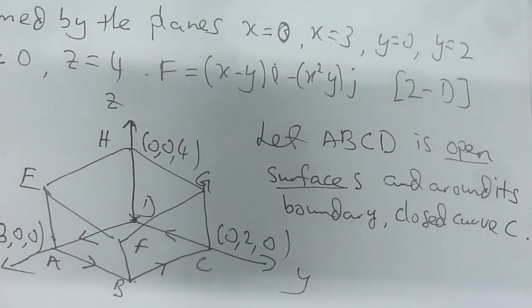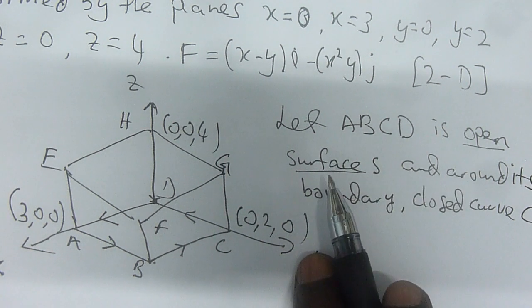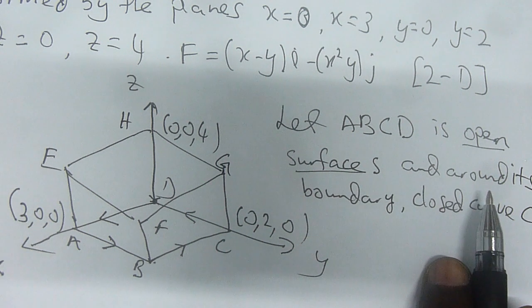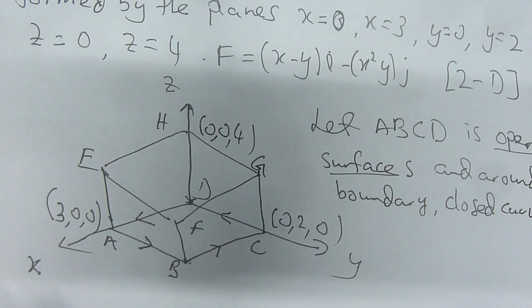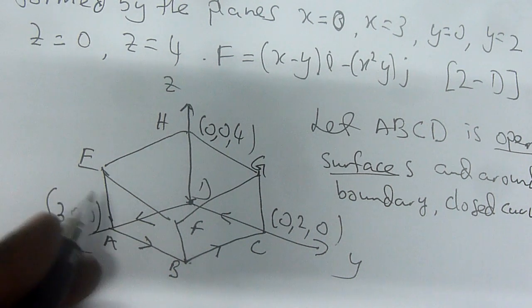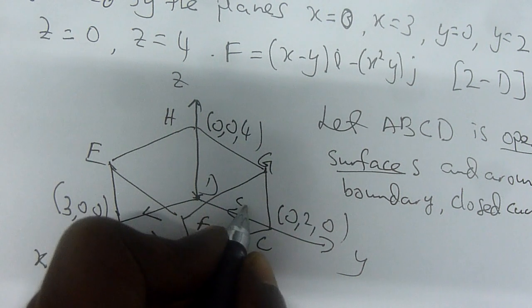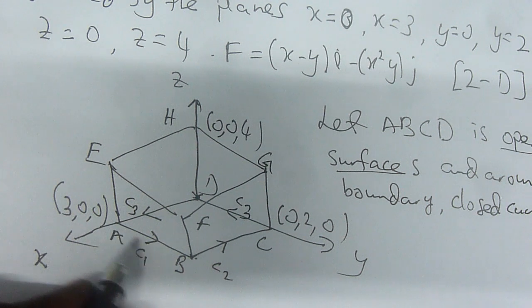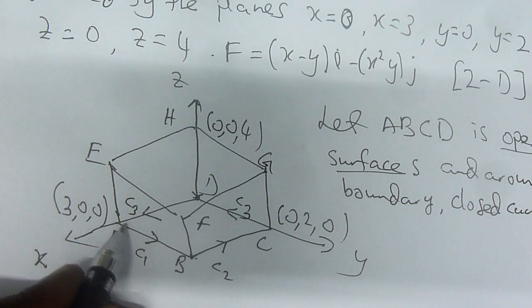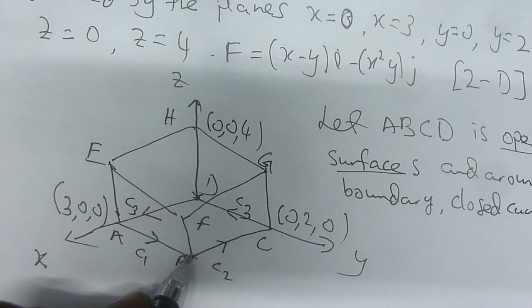Again, let ABCD be the open surface S, and around its boundary is the closed curve C. This is what I wanted to emphasize to you very closely. I want you to monitor this process, whereby you see there is something called curves C1, C2, C3, C4 moving around one surface. This is what we call an open surface.